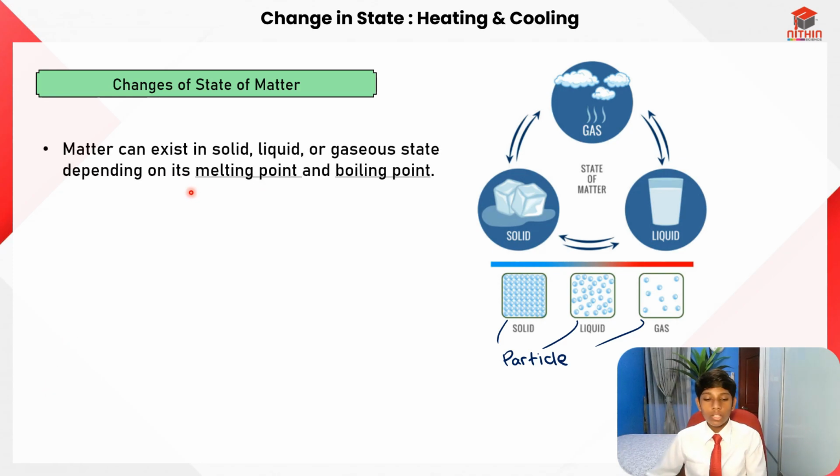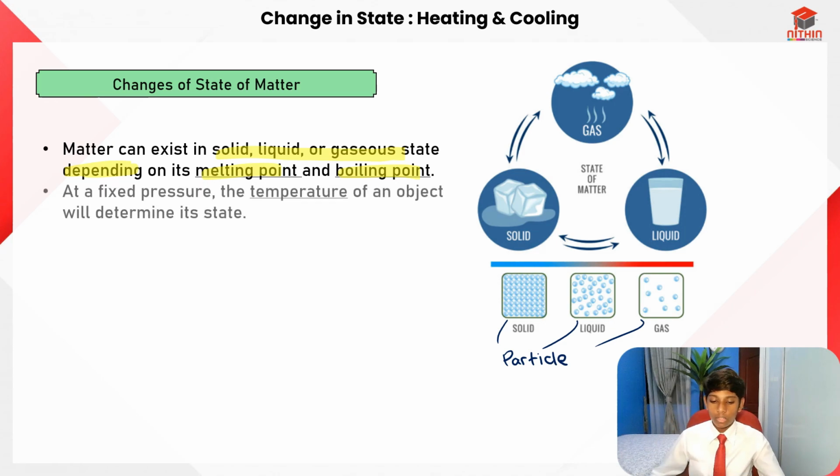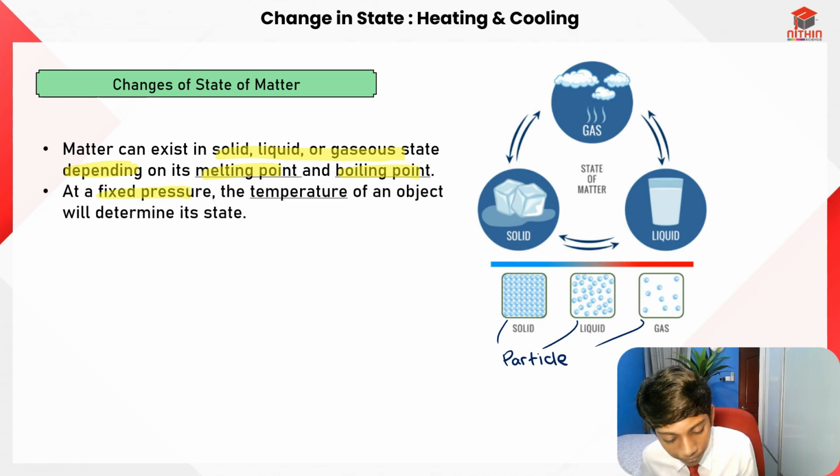Matter can exist in solid, liquid, or gaseous state depending on its melting point and boiling point. This is something important. Next, at a fixed pressure, the temperature of an object will determine its state.